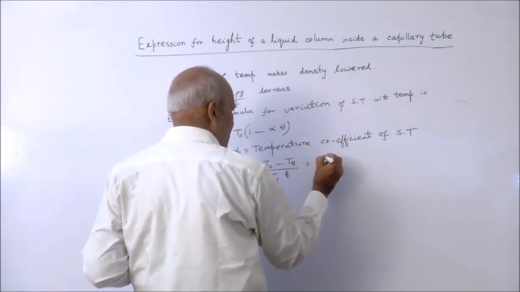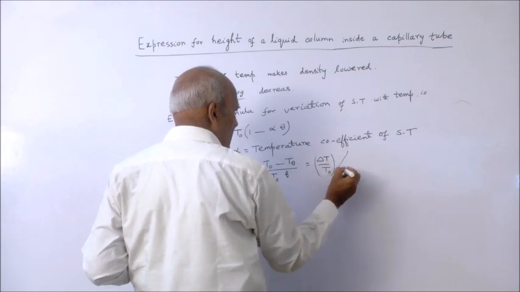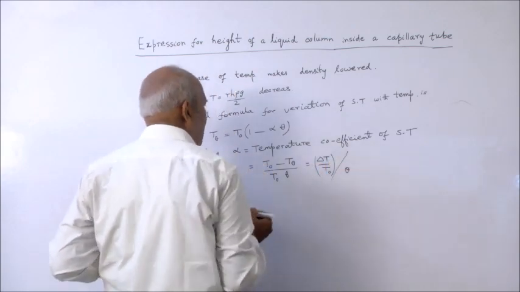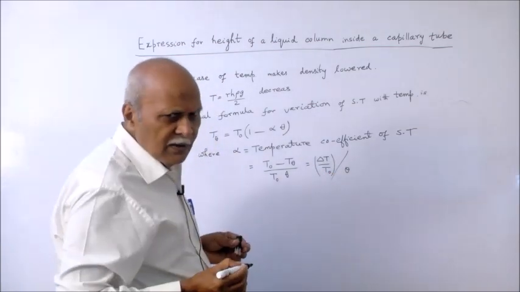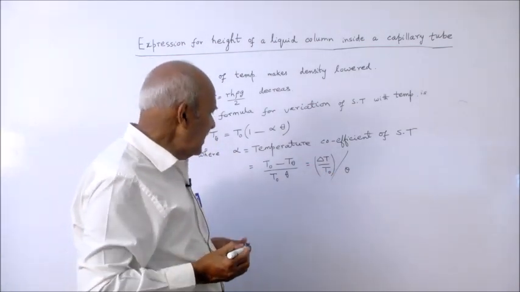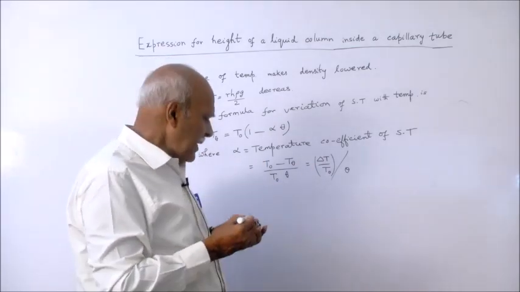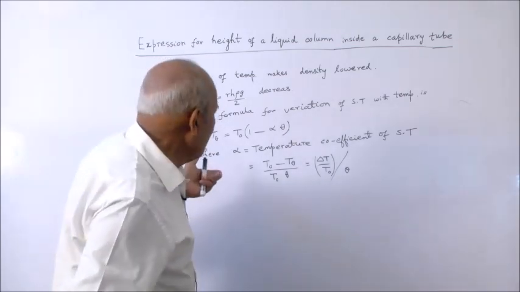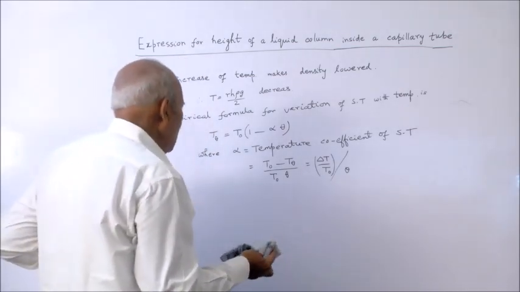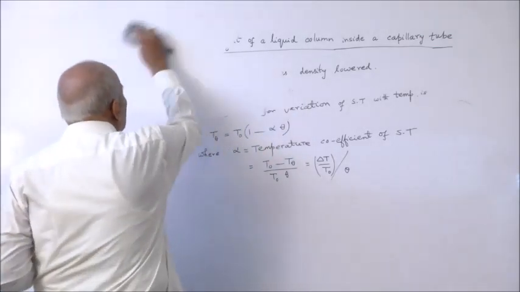That means delta T by T0 whole divided by theta. That means change in surface tension with regard to original surface tension at 0 degree centigrade per degree rise of temperature. That is the idea of temperature coefficient of surface tension, which differs from liquid to liquid. Different liquids have different values of alpha.